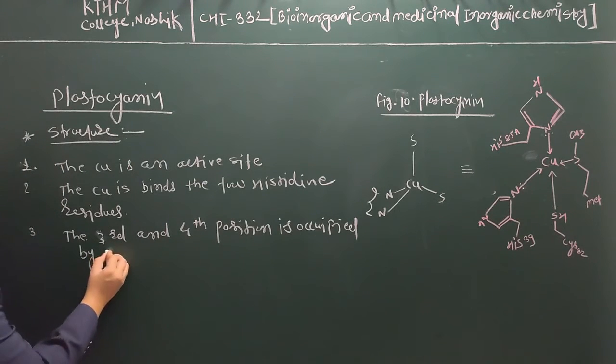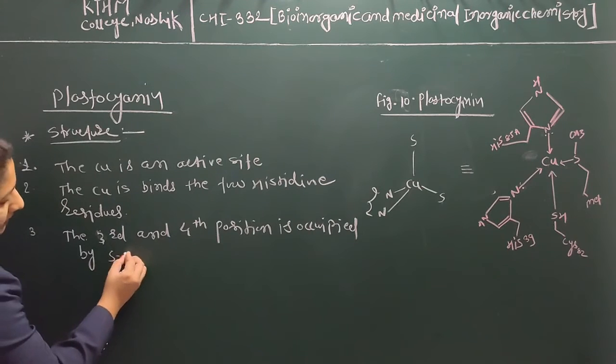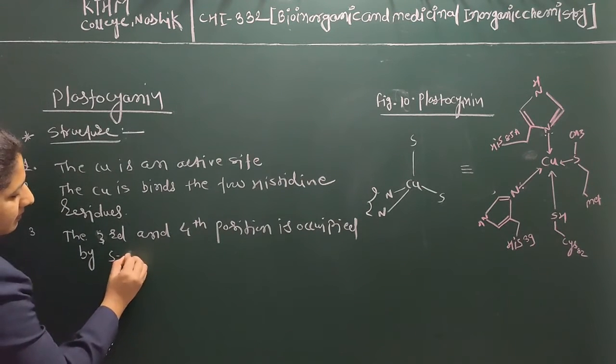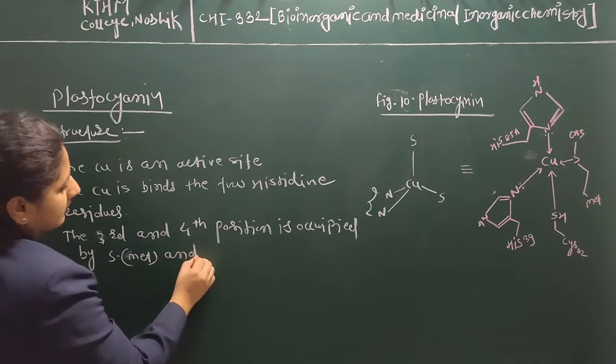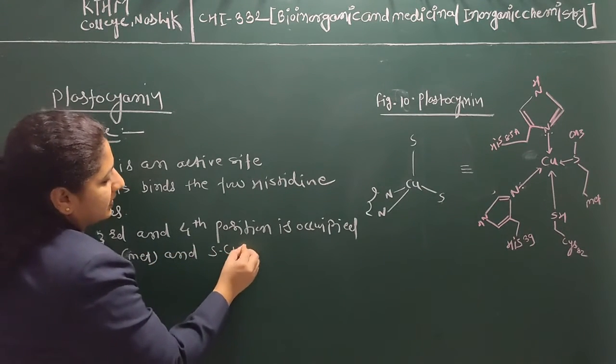So the sulfur from methionine and the sulfur from the cysteine residue.